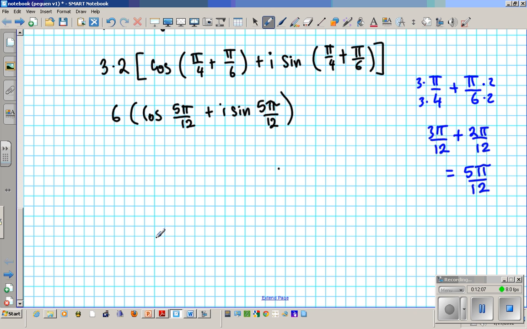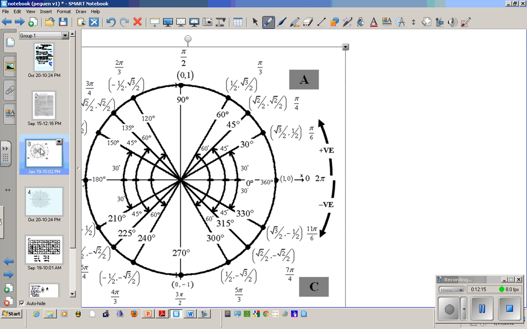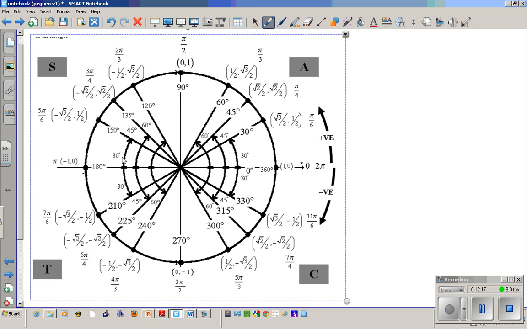Alright? Let's work this out. What is 5 pi over 12 on your unit circle? Alright, so 5 pi over 12 is not on the unit circle, so we just have to use our calculator to finish this one out, okay?